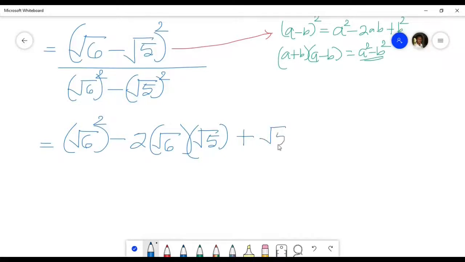Right, I hope you have followed every step here. Divided by, we'll simplify the denominator here. The square and square root cancels for both the terms in the denominator, leaving it as 6 minus 5.